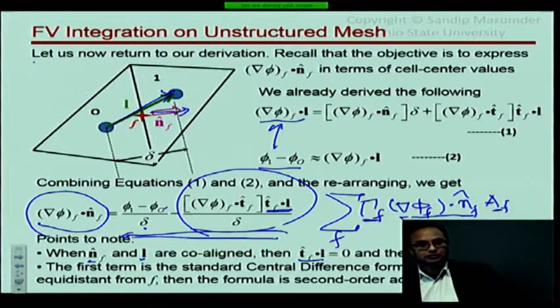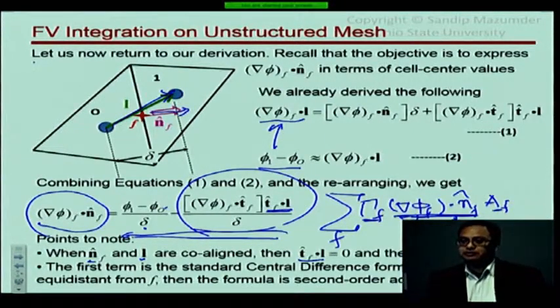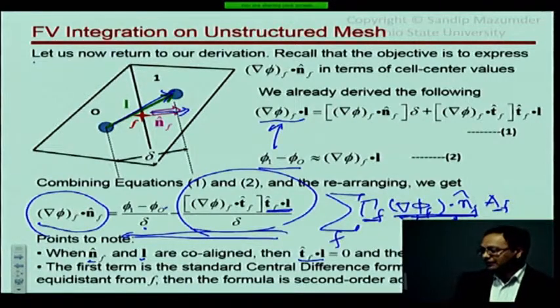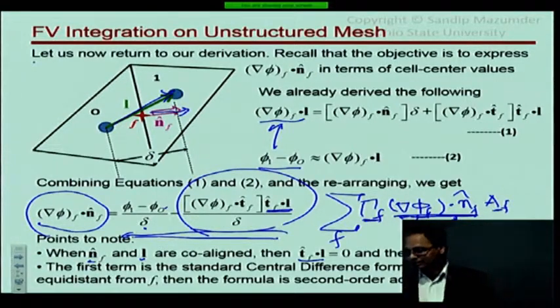So what you are going to get in the end is you're simply going to replace this whole term here by phi 1 minus phi naught over delta. That is exactly the same equation that you had for a Cartesian mesh, which had a gamma at the face times phi east minus phi naught over delta x.